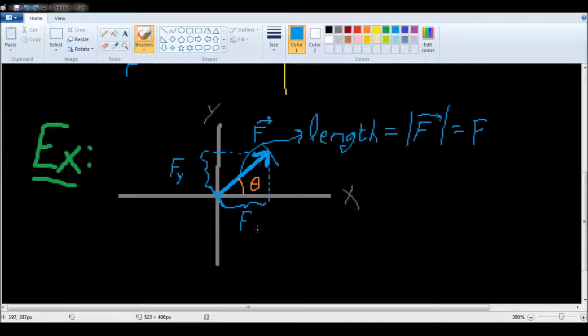So yeah, we can write this f of x, or f sub x, and f sub y with the subscripts there, just to denote how much of this vector f lies along the x and y axis.